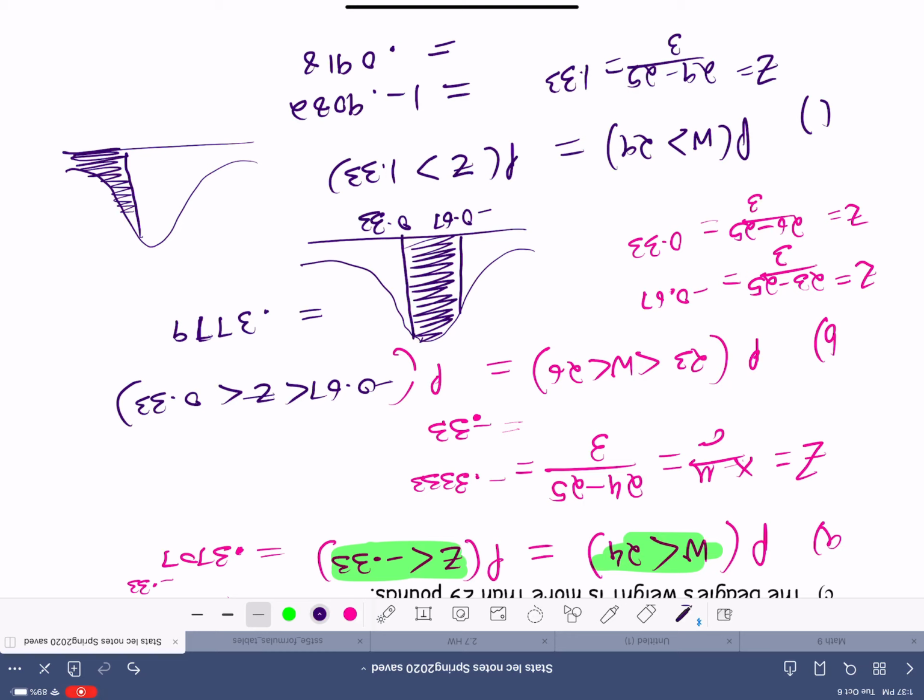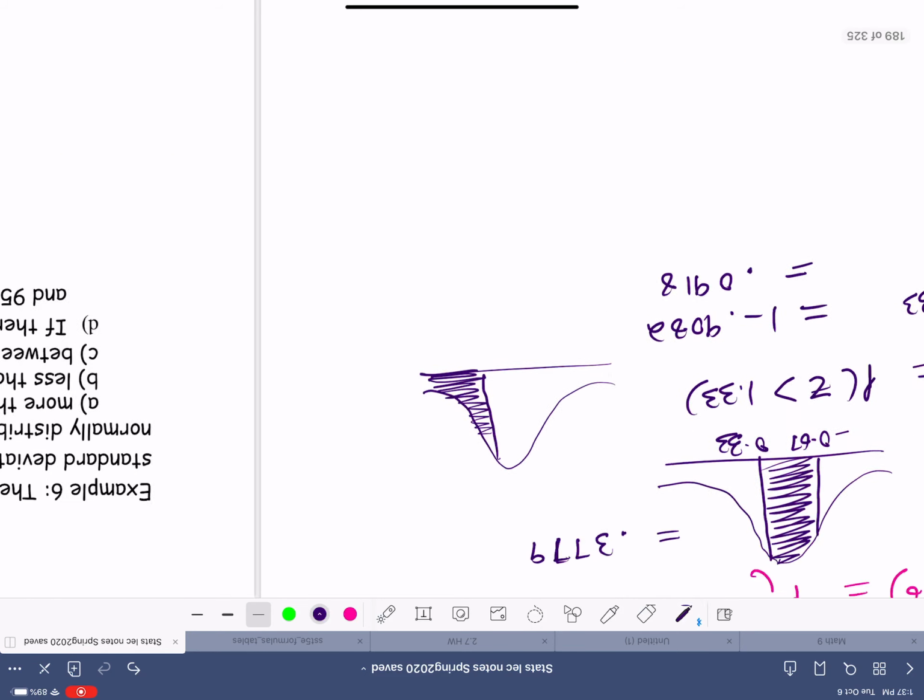So approximately a 9% chance, so very low, that you randomly select a beagle and its weight would be more than 29 pounds. Always interpret your answers. It's very, very important to interpret your answers.